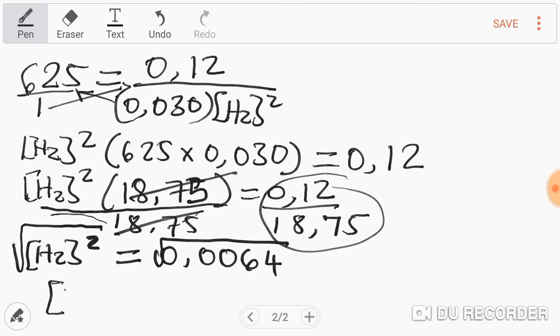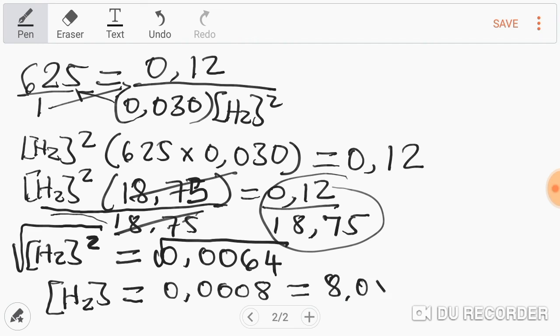So we'll be left with the concentration of H2, which is equal to 0.0008, which is equal to 8.0 times 10 to the power negative 3 molar. Do not forget to put the units. So guys, this is the solution.